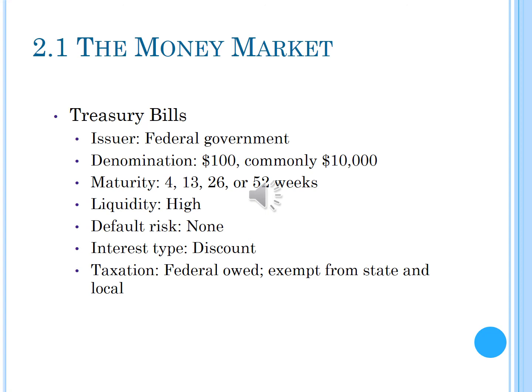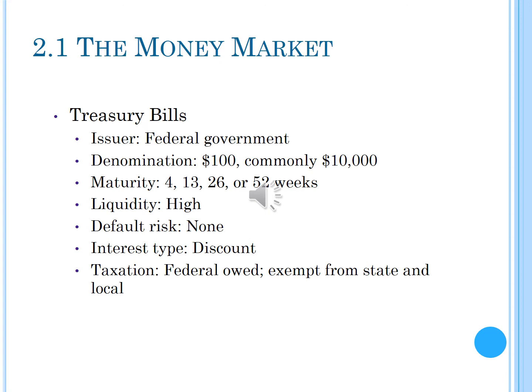They are considered highly liquid because you can easily trade those or redeem those for cash by selling them to other investors. The default risk is close to zero. So in finance books, you'll notice that these are usually considered a risk-free asset, stating that basically they don't have any risk associated with them.